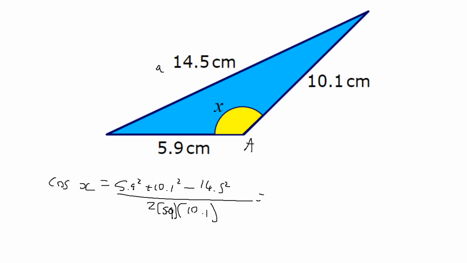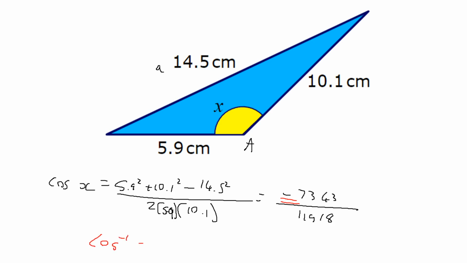So when we plug that into our calculator, we should get an answer of minus 7,343 over 11918. So the only thing that changes when it's obtuse is this should be negative. That's all that changes.